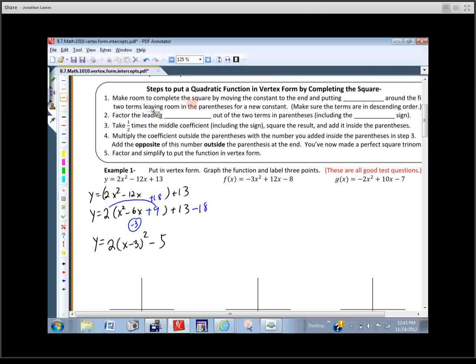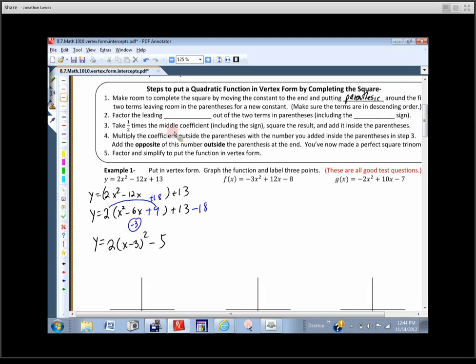Make room to complete the square by moving the constant to the end and putting parentheses around those two terms. So that's what we did here. And we made sure the terms were in descending order.